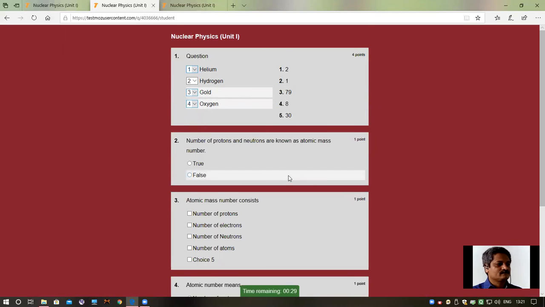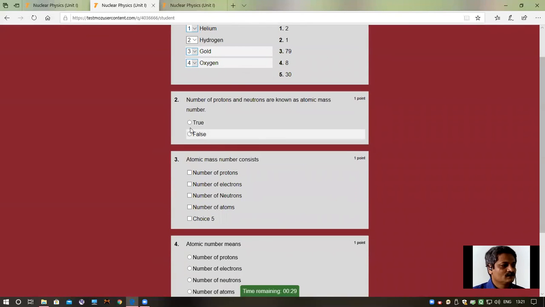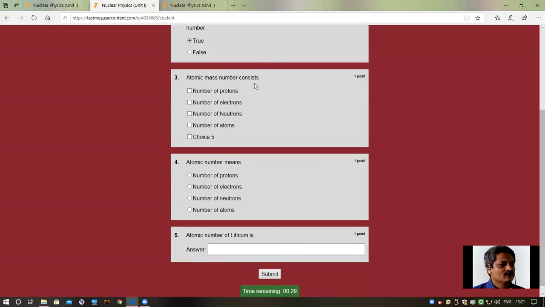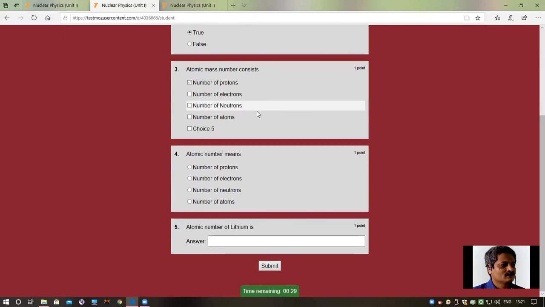Okay. Now true. Mass number consists of number of protons and number of neutrons. Atomic number means number of protons, and I will type here digit 3. Now submit.